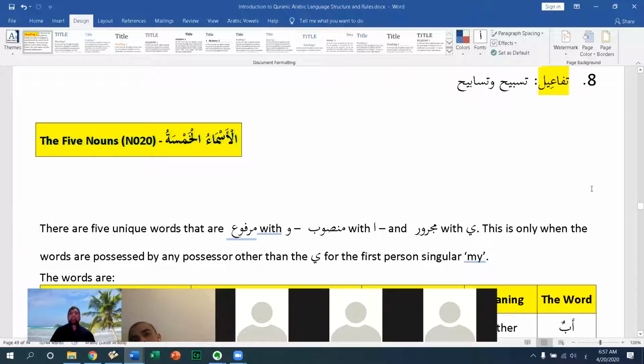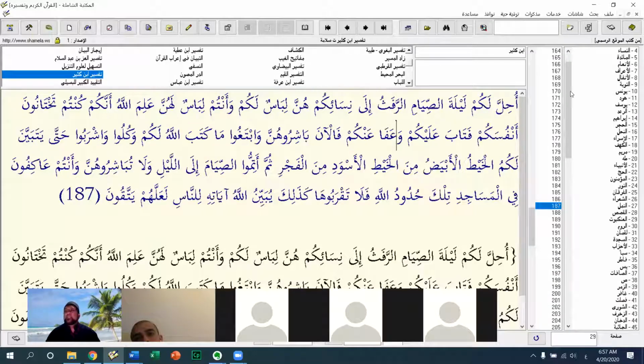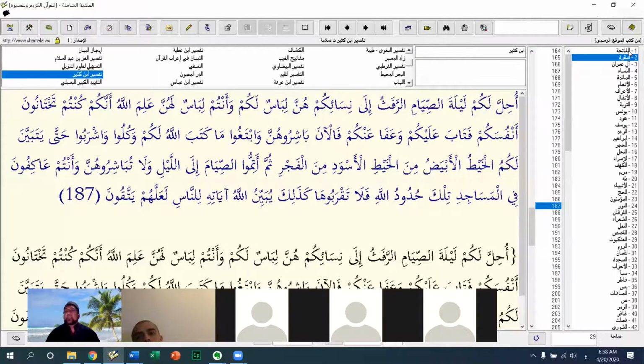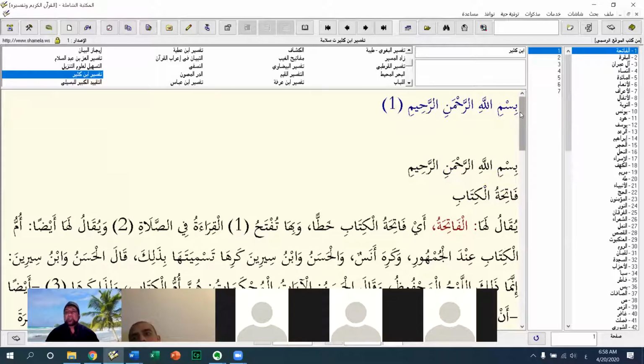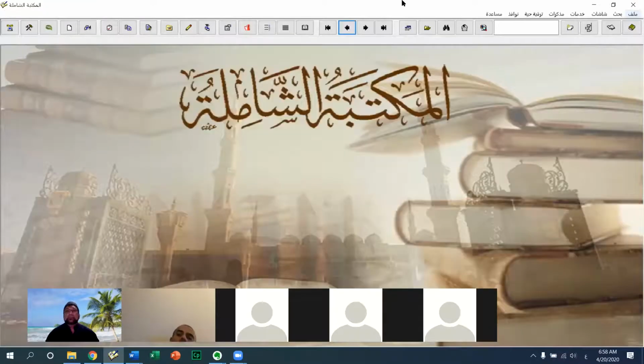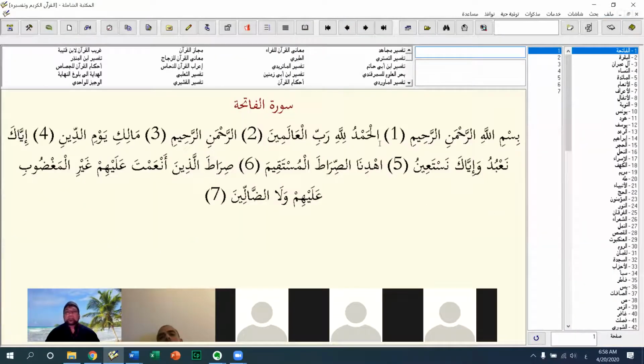Here, what's going to happen as we go through. Let me grab a quick surah here. If we grab a surah, let's say Suratul Fatiha, see if there's any plural in there. Let me close this. Give me 1 second. There's no plural there. Al-Baqarah.